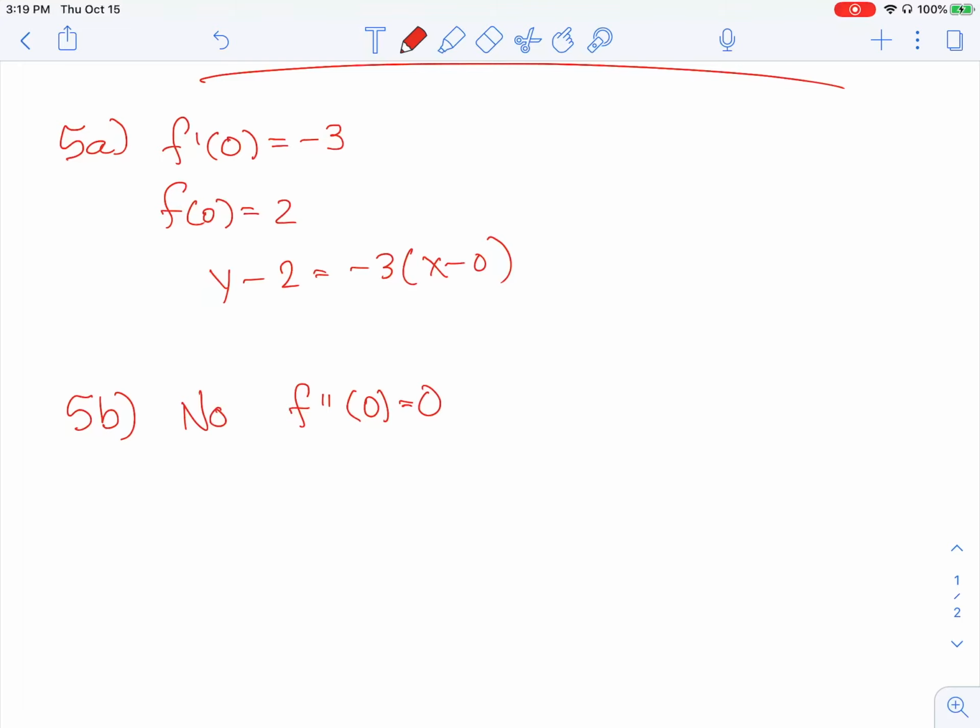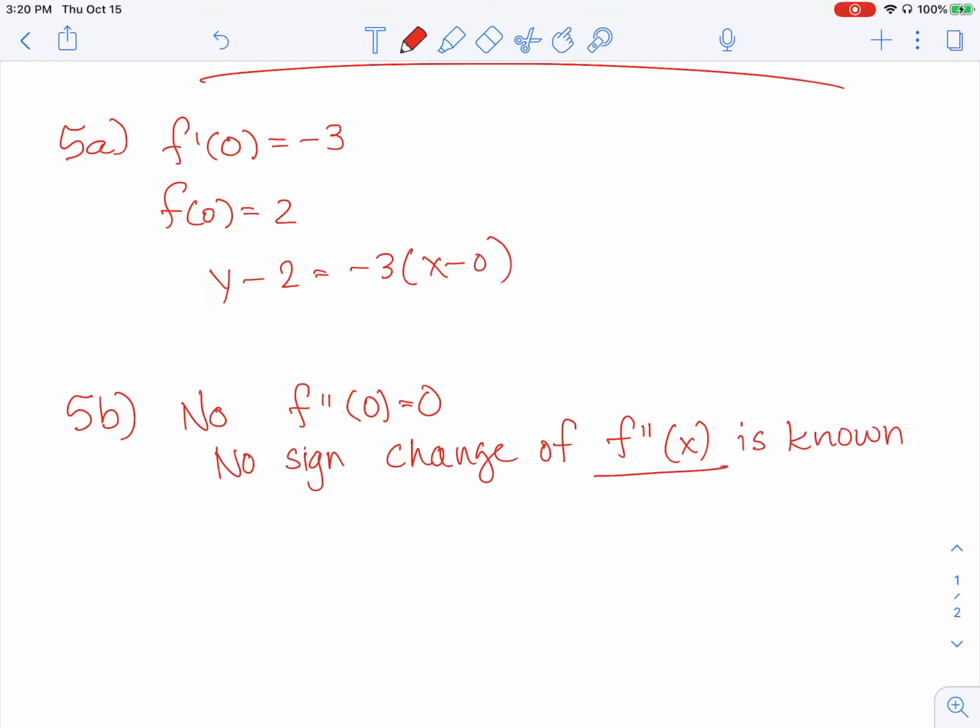We don't know anything before or after as far as a sign change. So no sign change of f double prime of x is known. And if you said, well, we don't know about a sign change, you had to indicate that we were looking at the second derivative, and that was it.